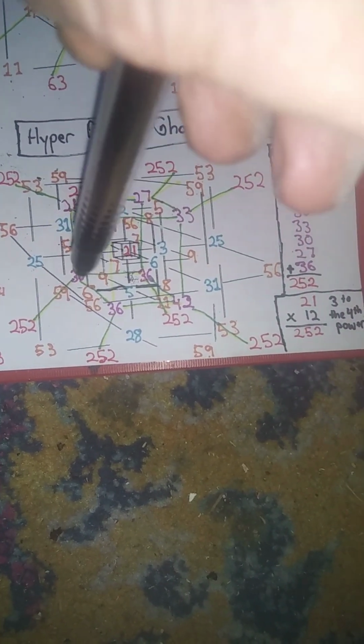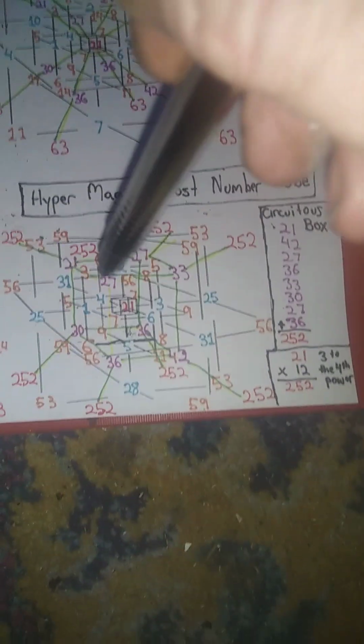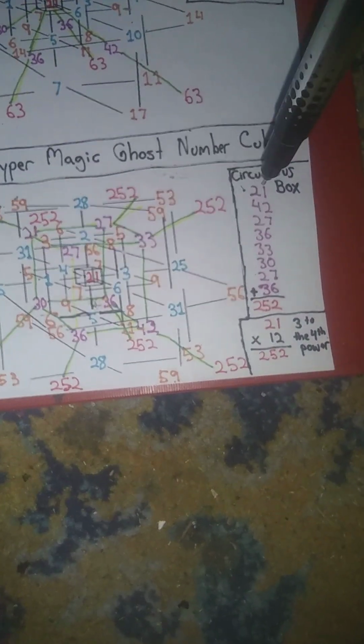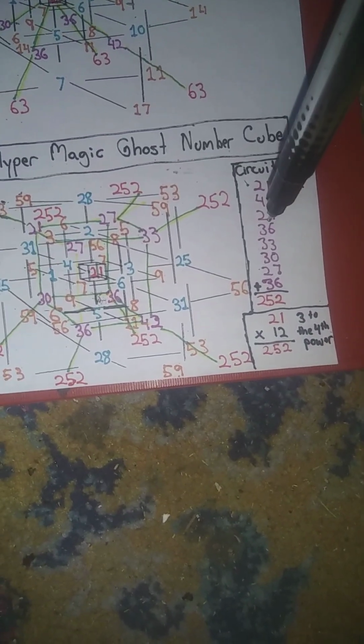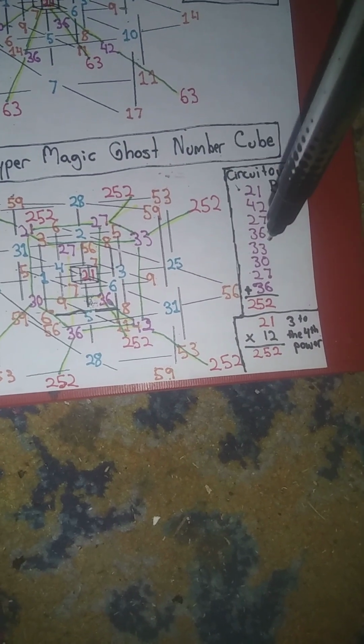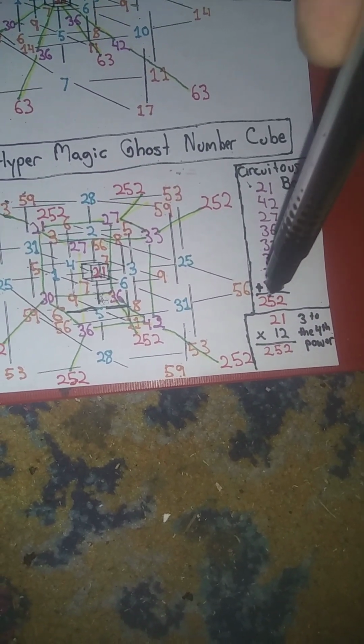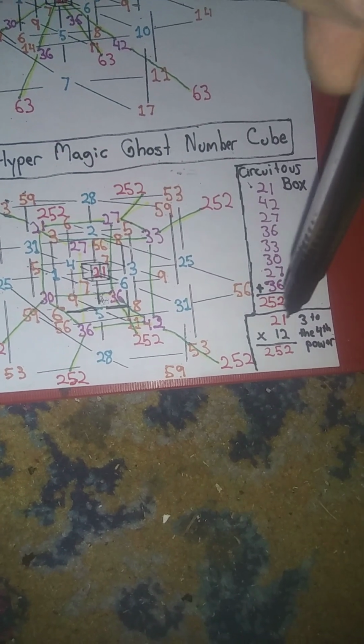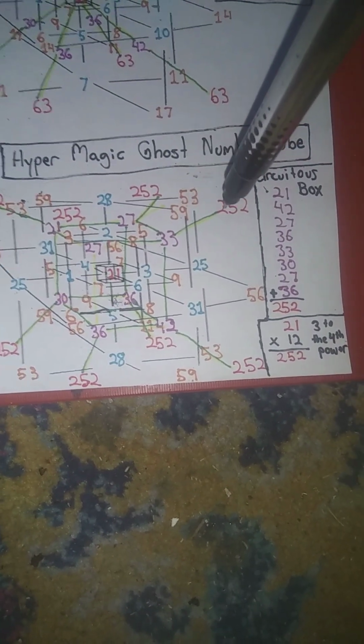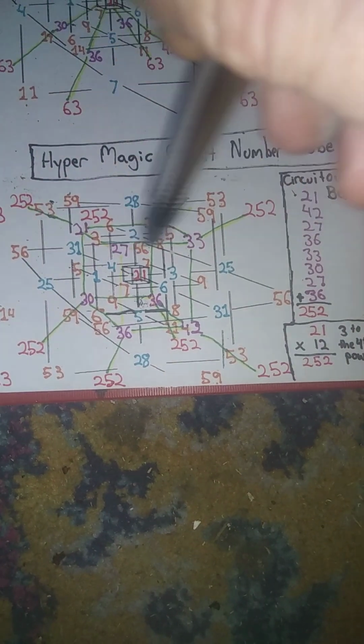It's just a relation from diagonals to a box, a circuitous box, that takes all the purple inner ghost numbers and adds them together to create 252, which is the outer ghost number to this, using the same primary numbers.